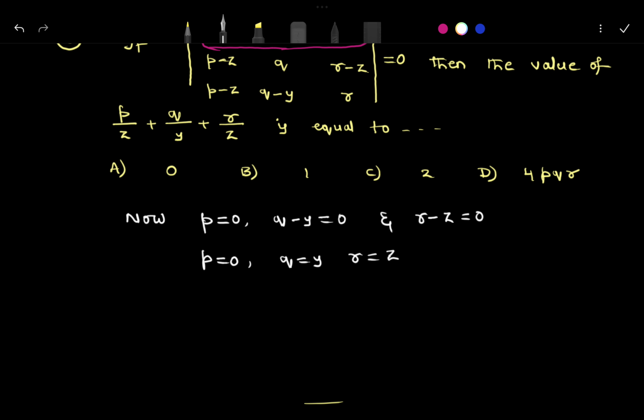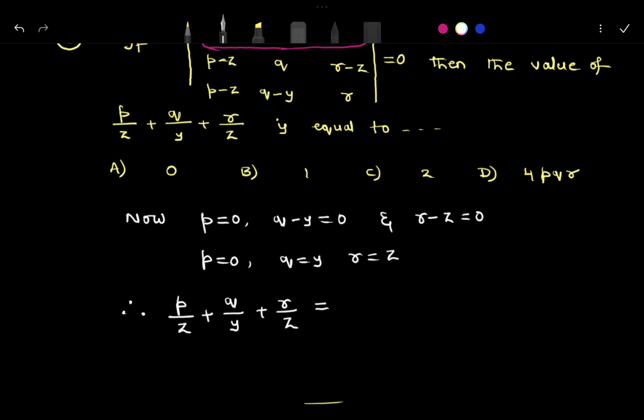Substitute all the values in the given expression. Therefore, p by z plus q by y plus r by z. What is the value of this one?